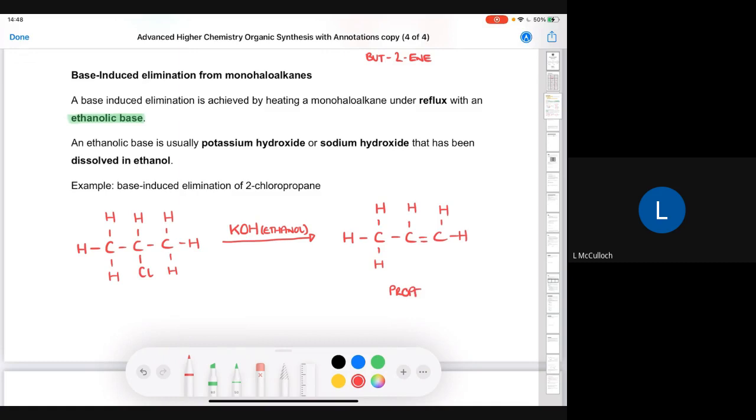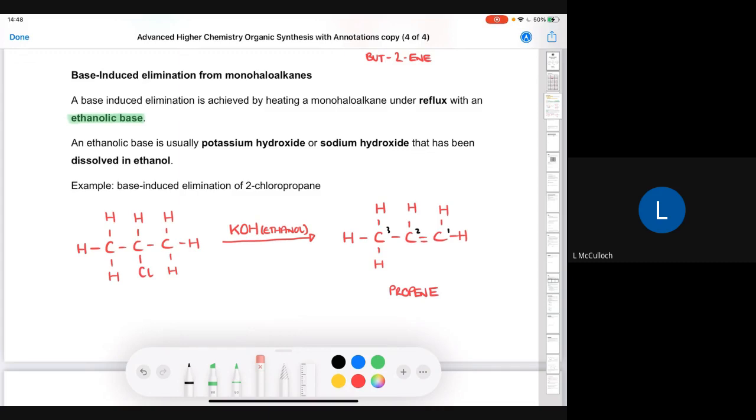Now, there is no such thing as like prop-1-ene or prop-2-ene. All propene is prop-1-ene because that double bond must start on the first carbon. And you're going to number your carbon chain from the side closest to the double bond. So if the double bond is where it is in that molecule, you've got carbon 1, 2, and 3.